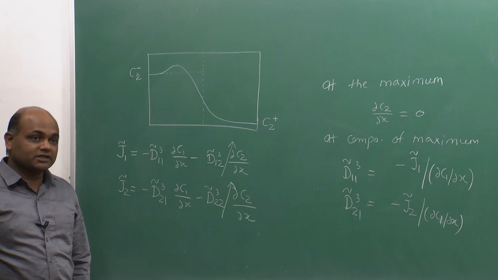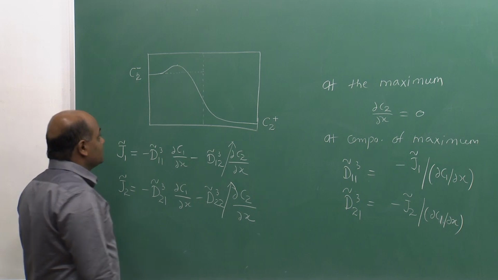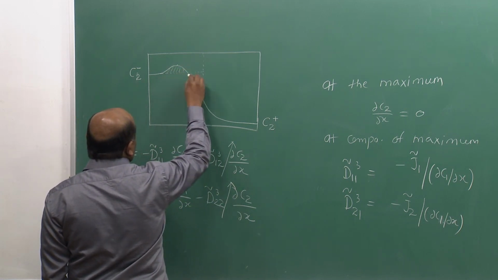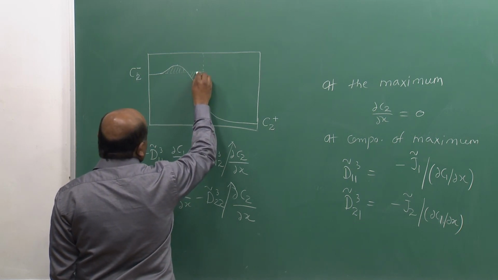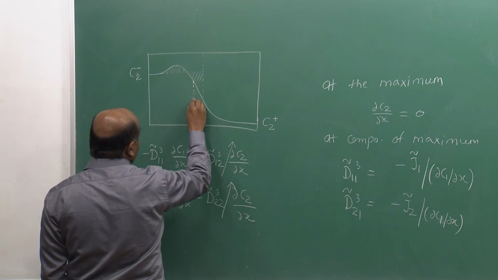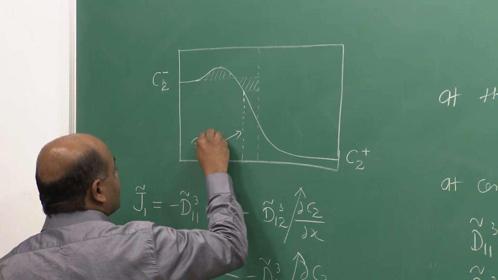It is not necessary that there will be, but there may be, and we know how to find it. So, we find an area under this peak here and we find an area on the right hand side such that this area equal to this area, and we know that the zero flux plane will be here. So, this is the ZFP for 2.